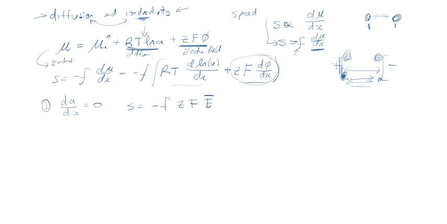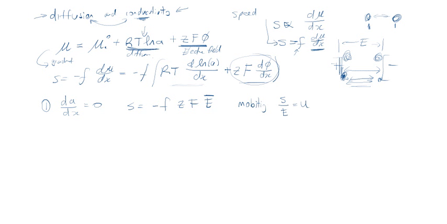So if we've got some sort of potential here across that, that's great. We also know from the mobility that we calculated earlier, which is the speed divided by the electric field, that's what our mobility is.